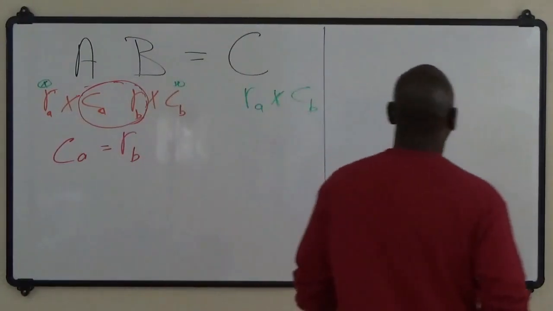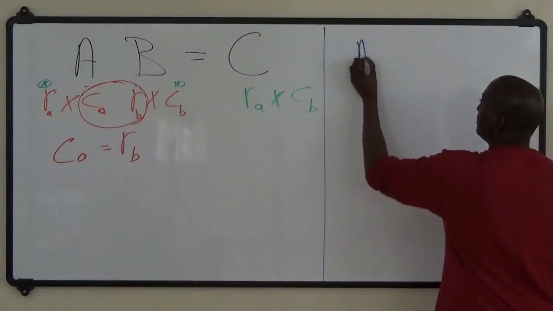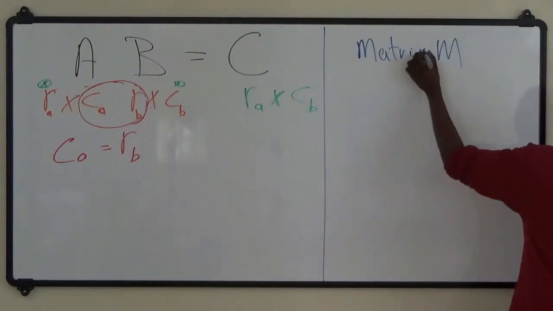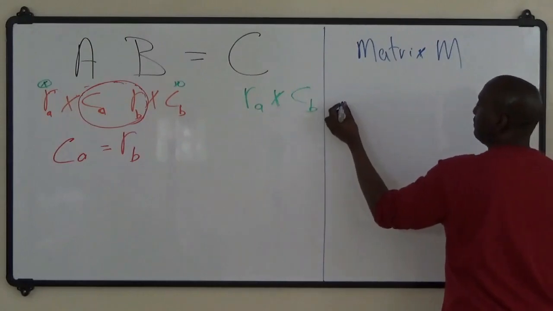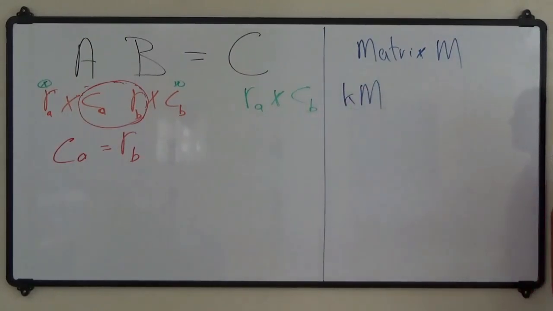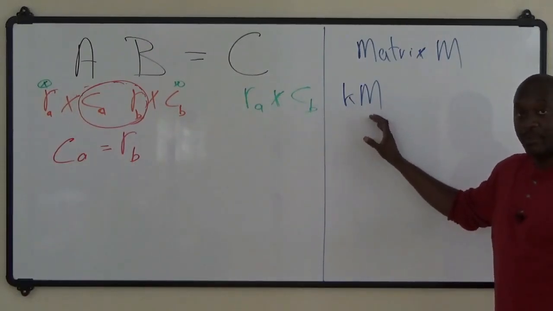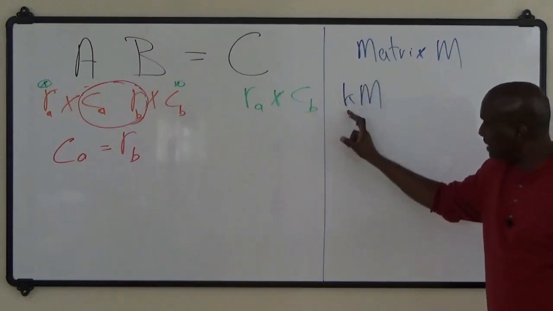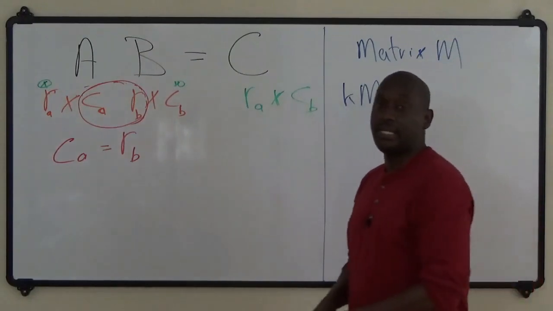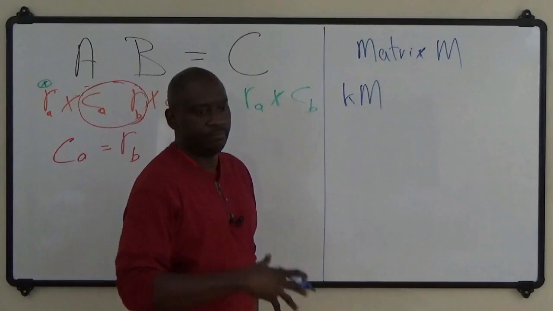So, for example, if we have a matrix M, the general matrix, and we have to multiply a scalar quantity K by M, to get the matrix Km, all we have to do is multiply the constant K by each and every element in the matrix M.